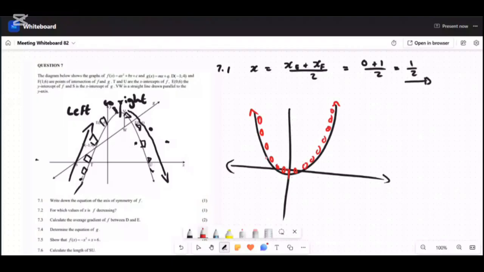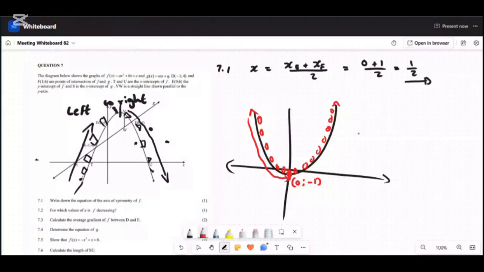So if the turning point, let's say this point, is 0 and -1, which means your graph is decreasing from negative infinity up to that point.